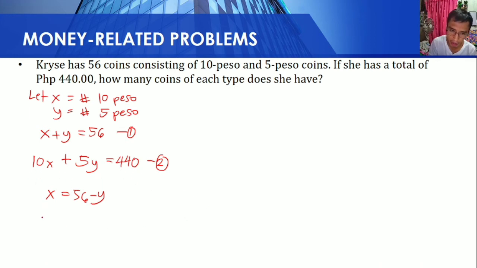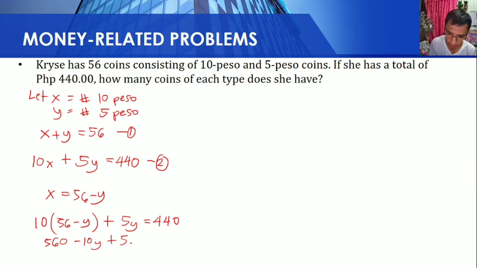That will be 10 times, value ng x, that will be 56 minus y, plus 5y is equal to 440. So simplify natin. 10 times 56, that will be 560 minus 10y plus 5y is equal to 440.